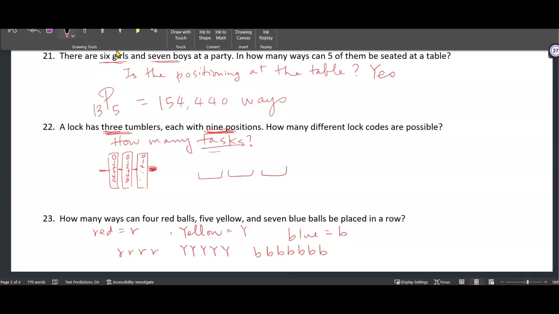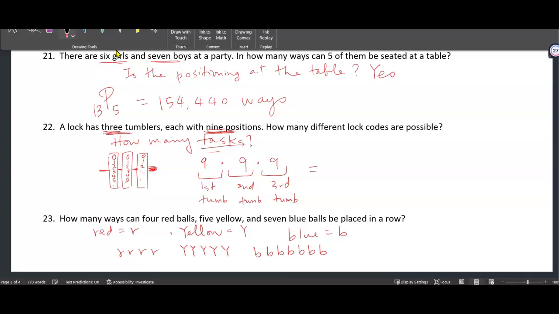And so I could stop at any of the 9 positions. So task 1 is the first tumbler, and the second task will be the second tumbler, and the third task will be the third tumbler. And for each tumbler, I have 9 choices to stop at, so it will be 9 times 9 times 9.